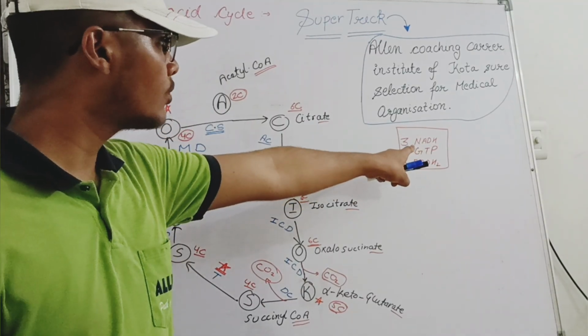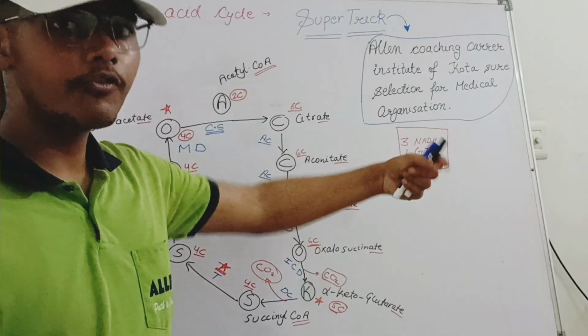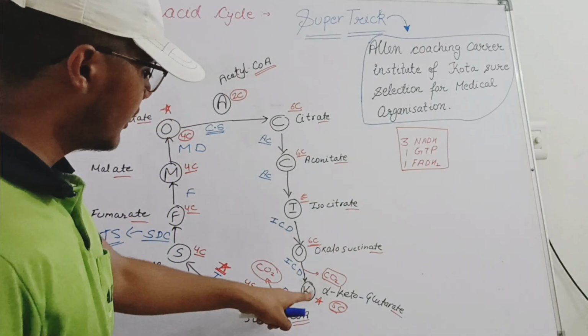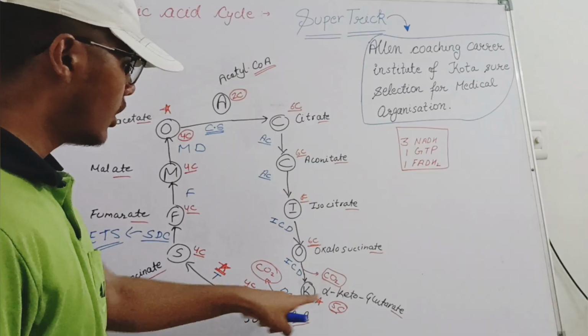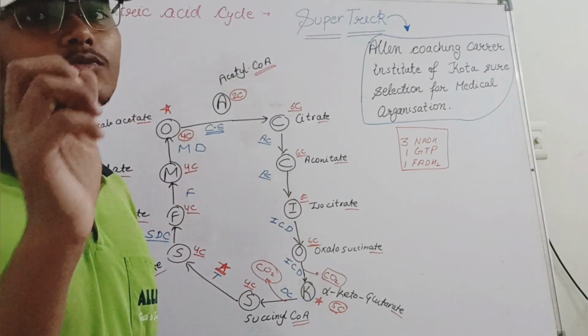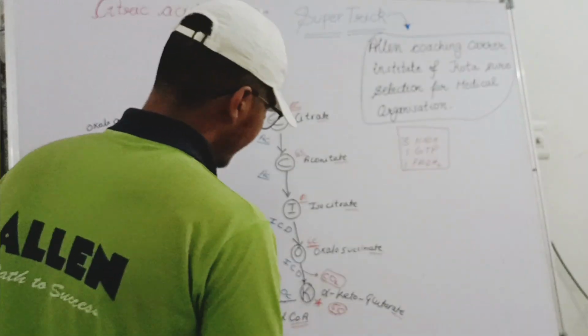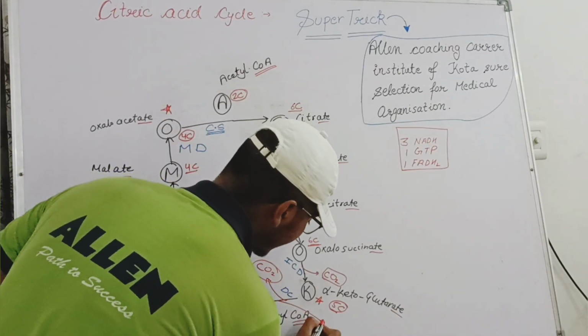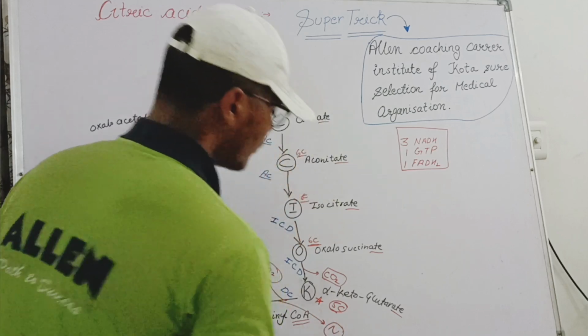Now let's move further. Now we will talk about the energy level, from where we have to use it. First of all, you have to remember here, from the ketoglutarate to the succinyl coenzyme A, one NADH molecule will form. So let's represent that in this cycle one NADH molecule is formed.